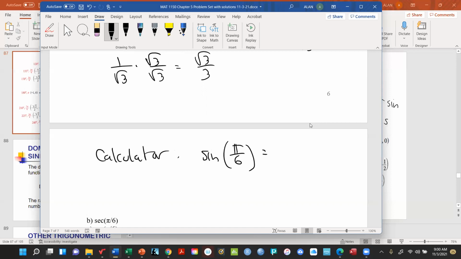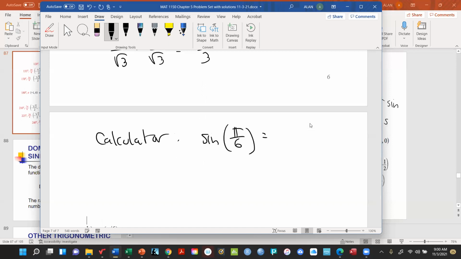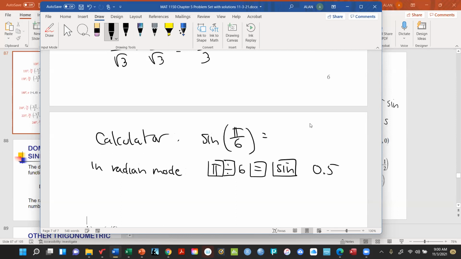Don't forget about that little detail. So you'll take pi over 6, and then you'll take the sine. In radian mode, you'll put pi divided by 6 equals, and then sine. And you'll come up with a half.